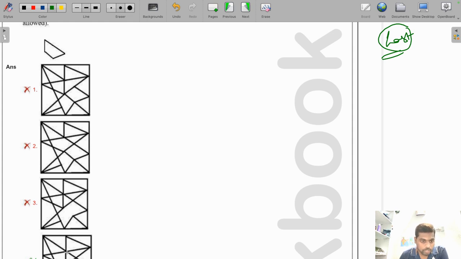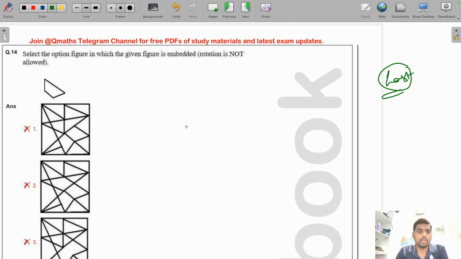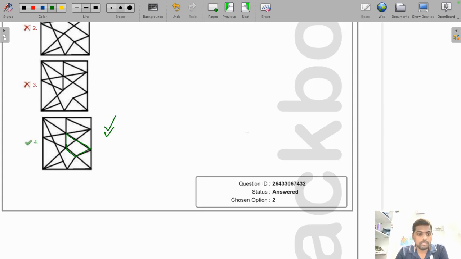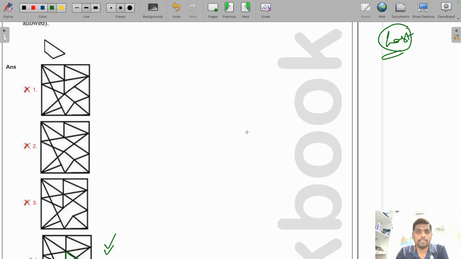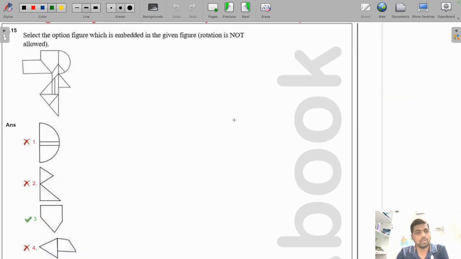If you closely observe here, it is here only. So this is the correct answer. So do it in the last only. In the exam, if you see these kinds of questions you will feel pressurized if you don't get the answer. So always do it in the last only.